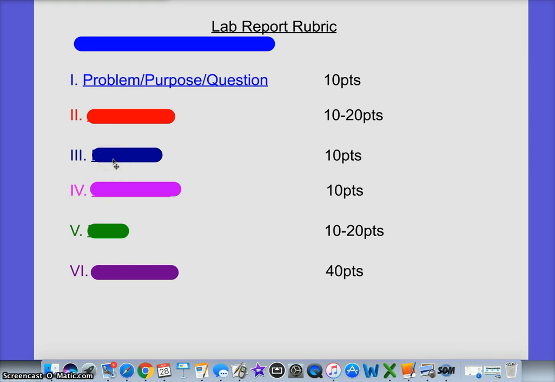What do you think 3 is? What do you think I'm going to provide you? What you have to do. That's 4, procedures. What else am I going to provide you? What am I going to give you so you can work on? Materials. Good. So I provide you with the problem statement or a purpose of the whole experiment. I provide you with materials, and I provide you with procedures.